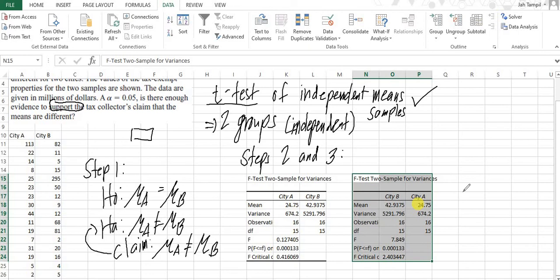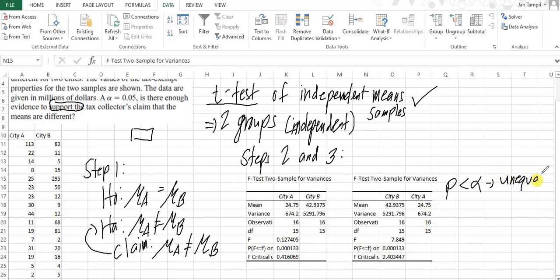Generally speaking, if the p-value for the f-test is actually less than alpha, then we will use unequal variances. However, if the p-value is greater than alpha, we will use equal variances. So let's take a look at our p-value for our f-test.